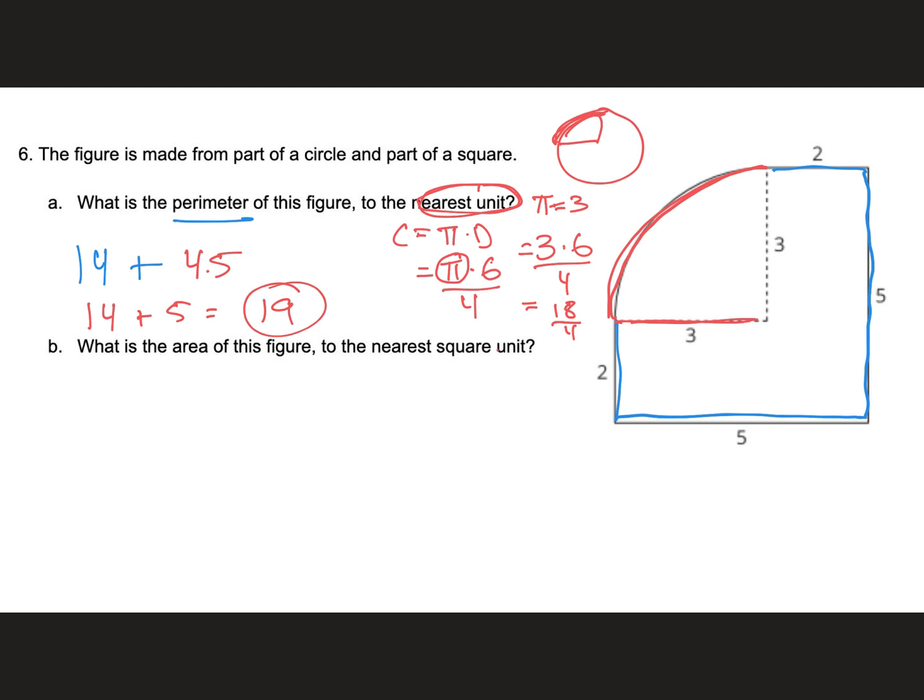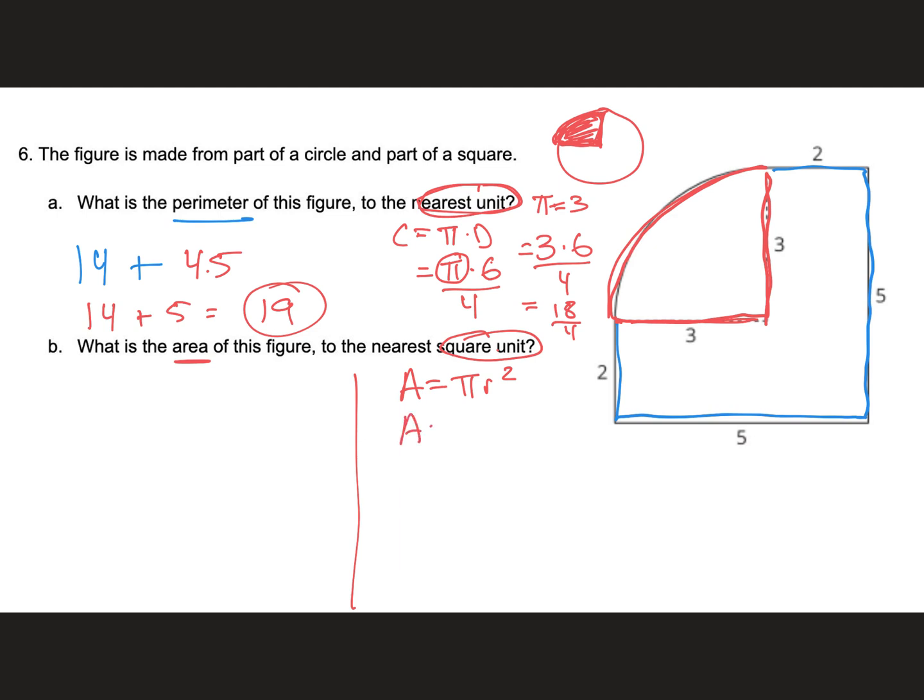All right, and now for the second part, I'm finding the area. So again, I'm just going to start with the circle. The circle is 1/4 of a whole circle, right? So I'm just finding a quarter of a circle. So I'm just going to do it on this side. Area is equal to pi r squared. Now, because I'm going to the nearest unit, I'm just going to say pi is equal to 3.